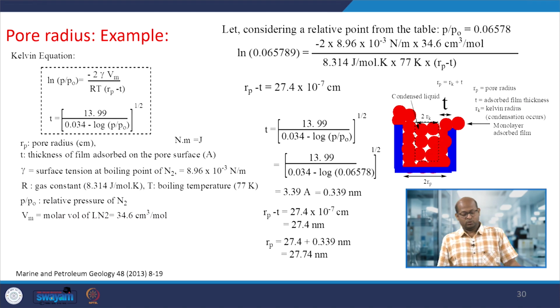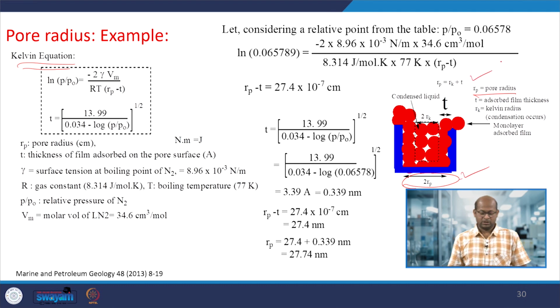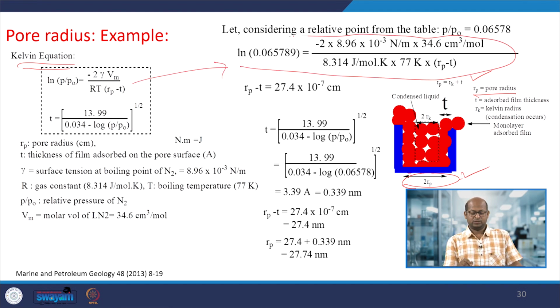Then pore radius also, similarly, by the Kelvin equation I mentioned, we can find out. Here you can see the pore radius and pore diameter. The equation is the same equation, and we find it by putting in all components.